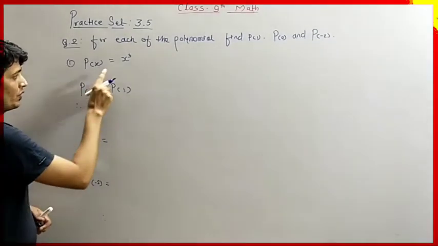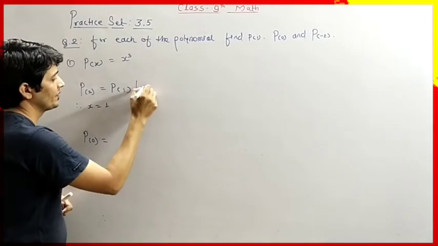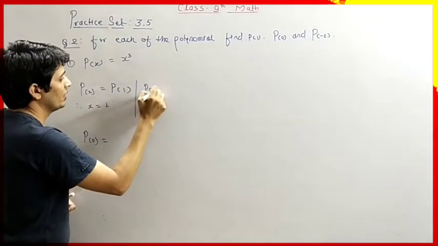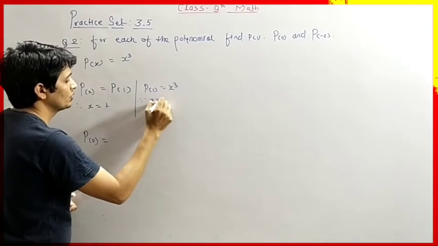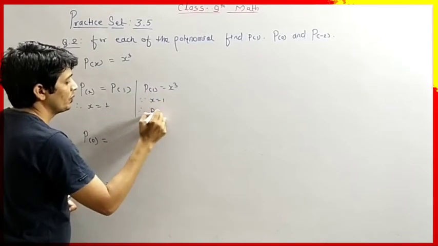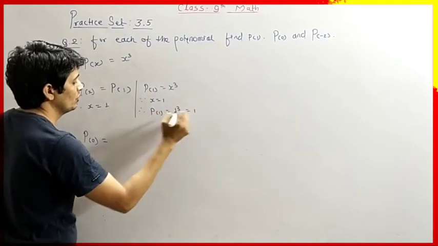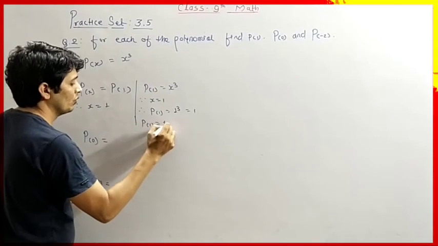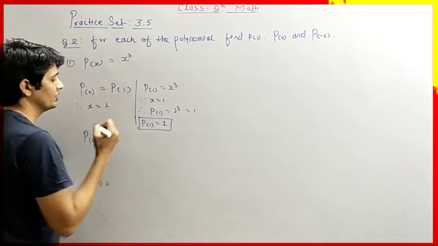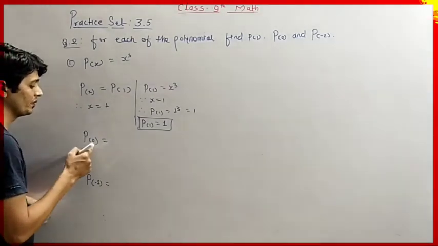If x equals 1, what will be the value of the polynomial? P1 equals x cube. Since x equals 1, P1 equals 1 cube, which equals 1. Therefore P1 equals 1, and it is our answer. First answer we got. Now P0.